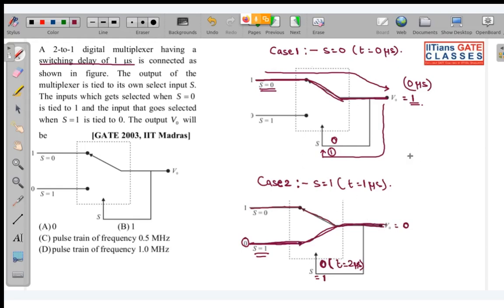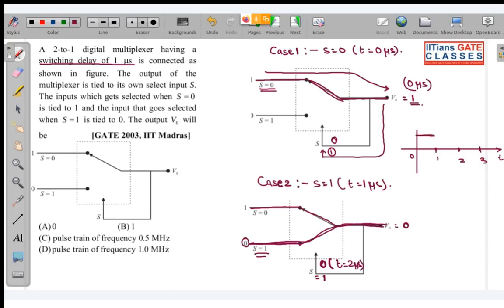If I draw the number line, this is your t, this is 0 microsecond, this is 1, this is 2, this is 3, and so forth. From 0 to 1 microsecond, your output is equal to 1.